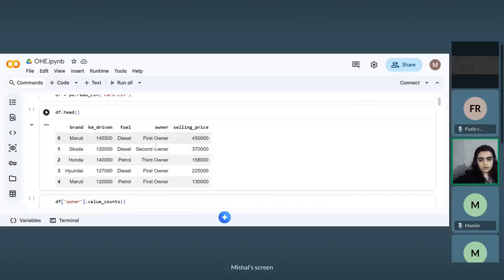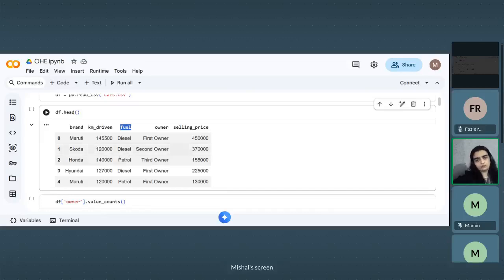So first owner, second owner, third owner seems ordinal in nature. Then fuel, I think fuel is just nominal in nature. What do you guys think? We can't say that diesel is better than petrol.